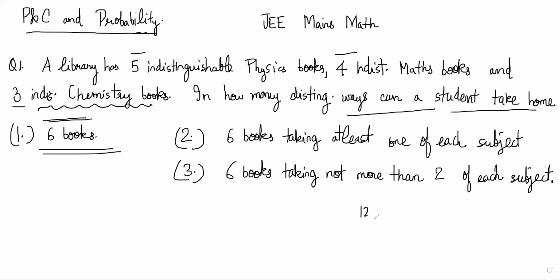When you say 12C6, it means select 6 things from 12 different things. When you say 12 factorial by 5 factorial, 4 factorial, 3 factorial, that means arrange 12 things out of which 5, 4, and 3 are alike. These are not at all what we need here.